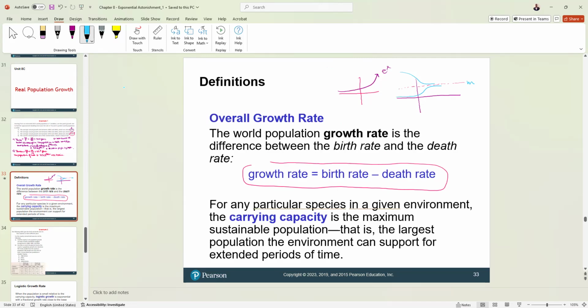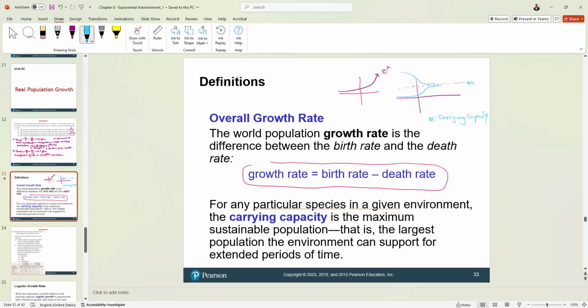Suppose I call M the carrying capacity. Okay? Very important to put it that way. So we can do that.